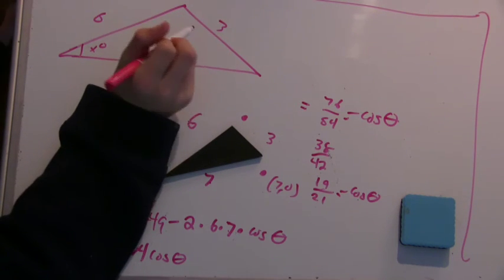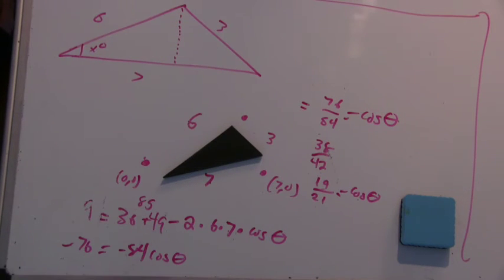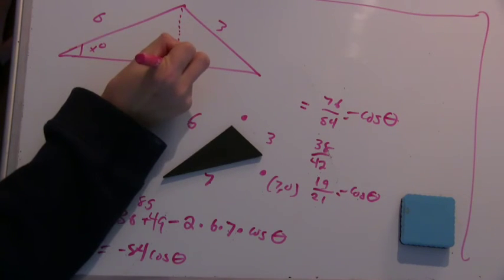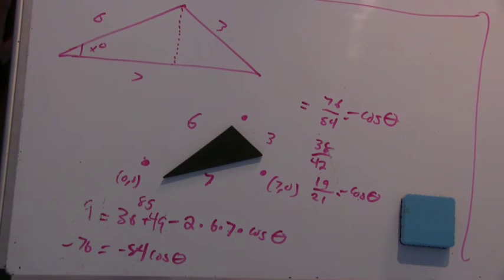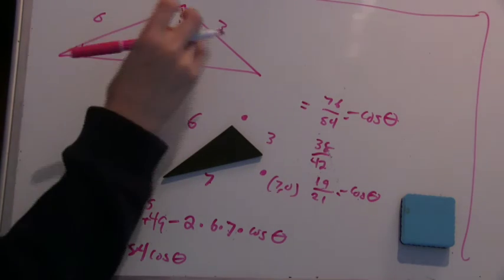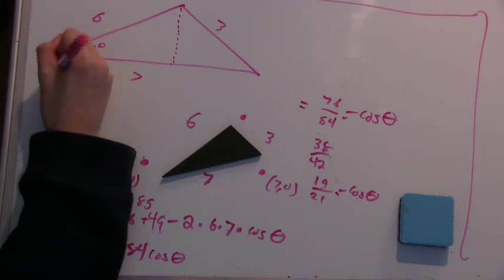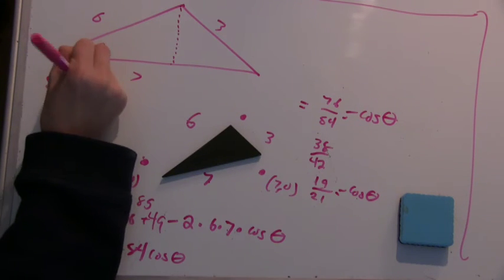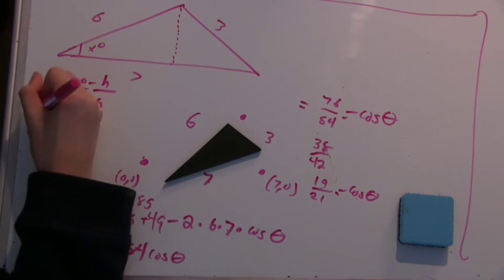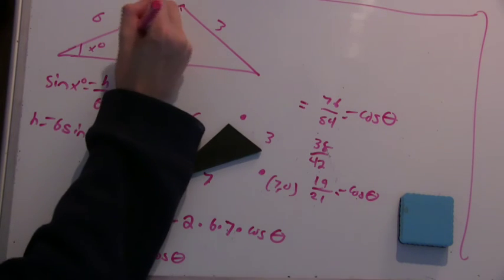Now we have to figure out what this height is and what this distance over is to find these coordinates. So we can say the sine of x degrees equals the height over 6. So the height is 6 sine of x degrees.